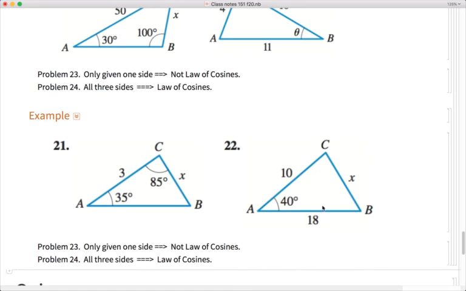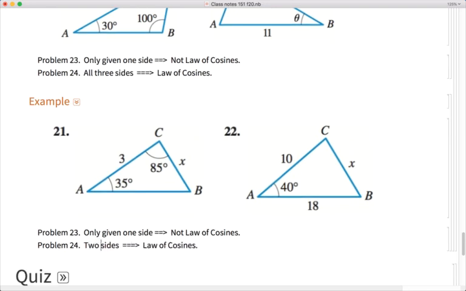For problem number 22, this time we have two sides, and we have the included angle, the angle in between the two sides. And that's the other situation where we're going to use the law of cosines.